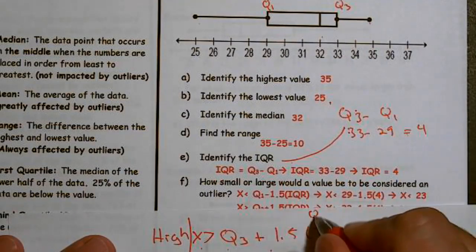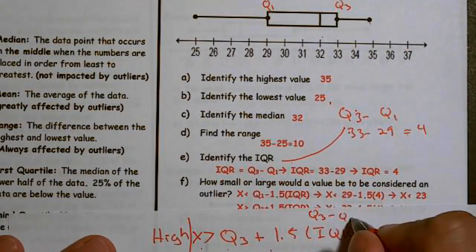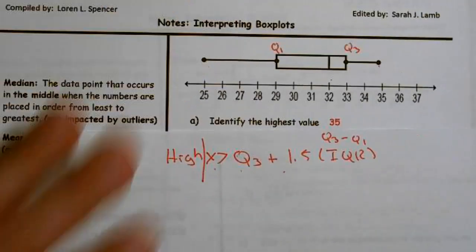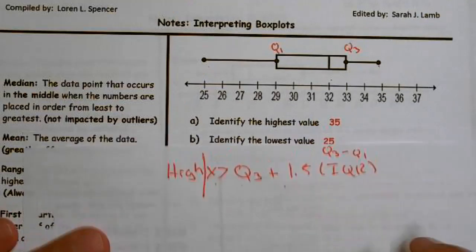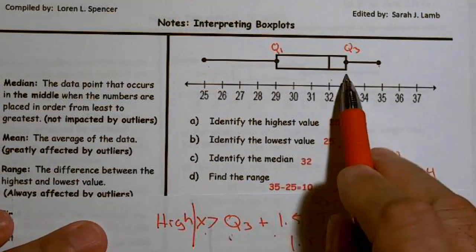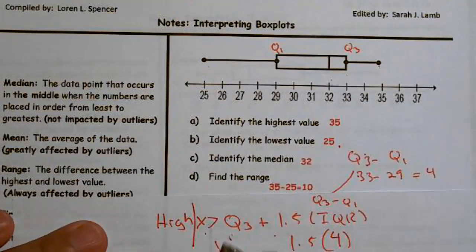And IQR, once again, is just Q3 minus Q1. We previously said that our IQR was 4. So we have 1.5 times 4. And we know that Q3 is 33. So X has to be greater than 33 plus 1.5 times 4.